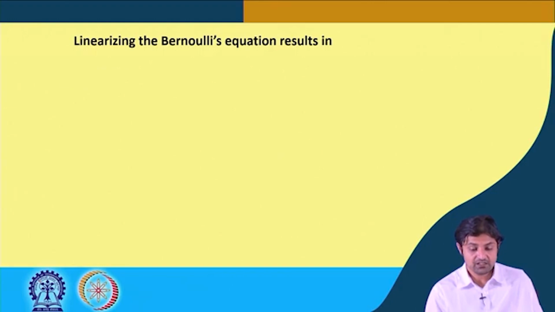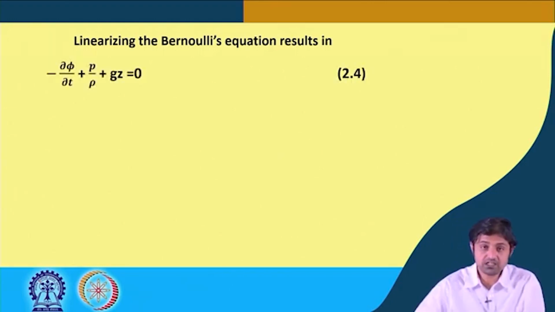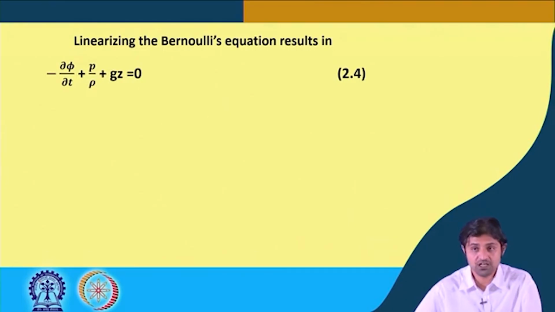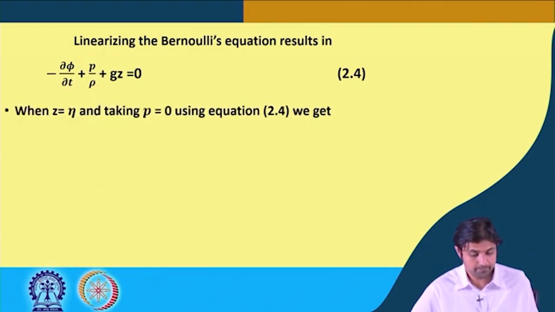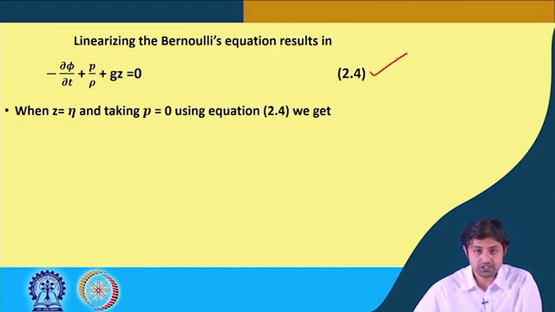Now, if we linearize Bernoulli's equation, linearizing means taking out the second order term. So, we take out u square plus w square, because those are quite small at the free surface. So, this is the linearized Bernoulli's equation.